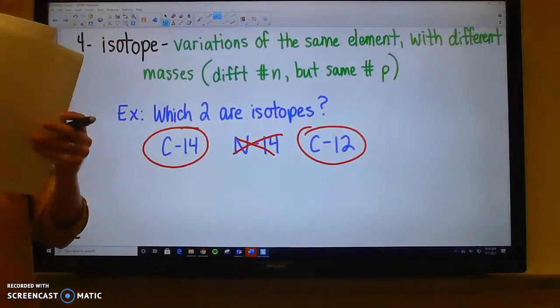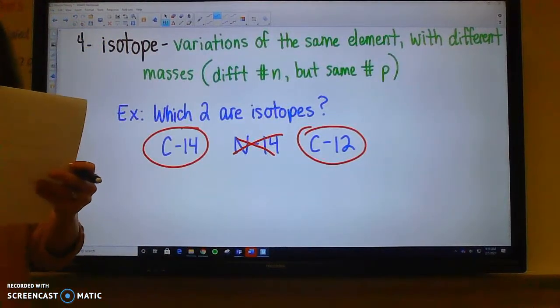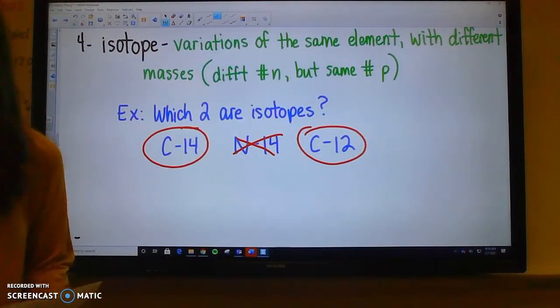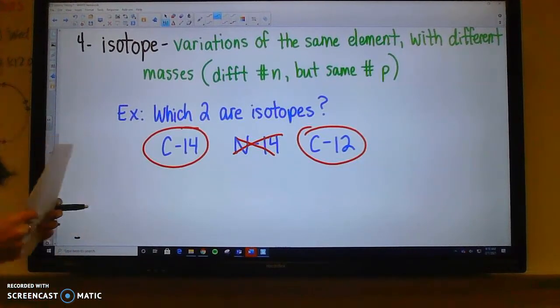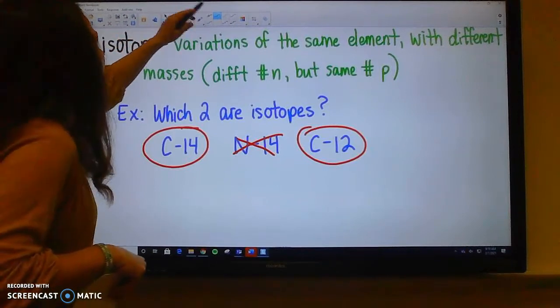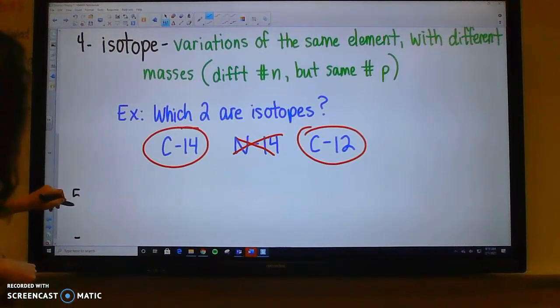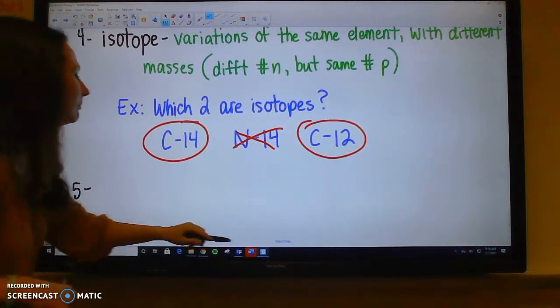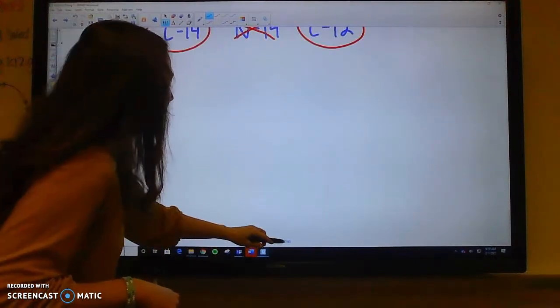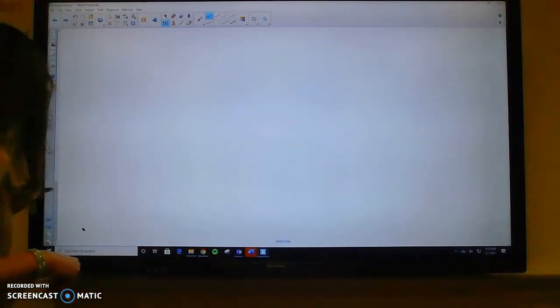All right, moving on to the mass number. So the mass number is something that hopefully you guys understood after you did the simulation. I'm going to go ahead and start scrolling up. Okay.